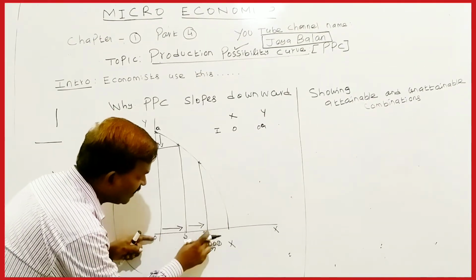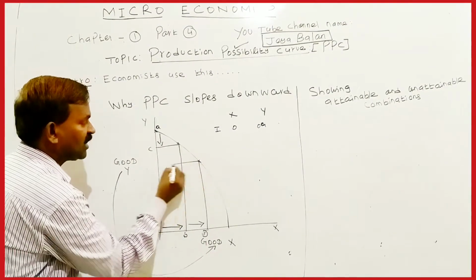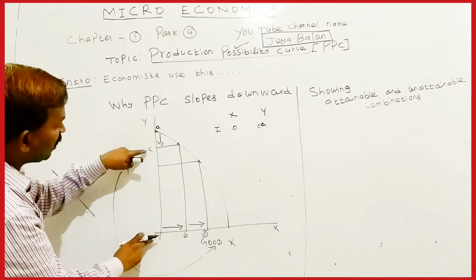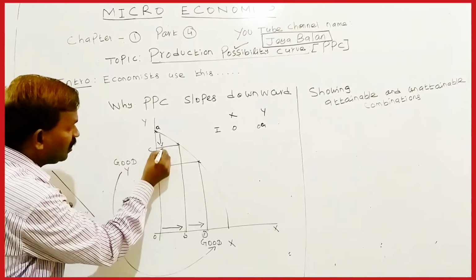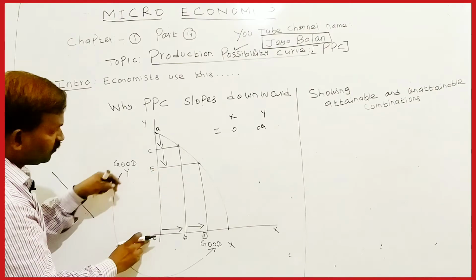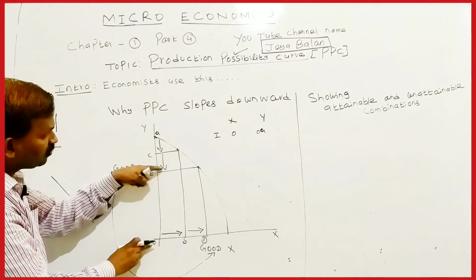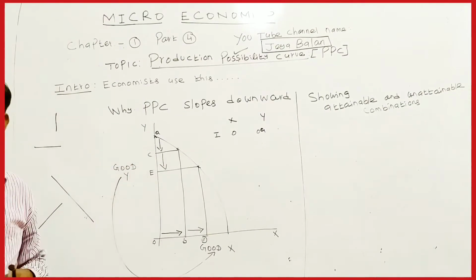Now the production is increased from OB to OD. So what is happening here? Earlier production of commodity Y was OC. Now again it is further falling. From the production of OC, the production of commodity Y falls down to OE.